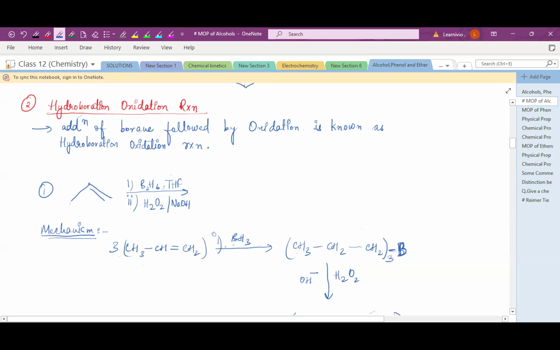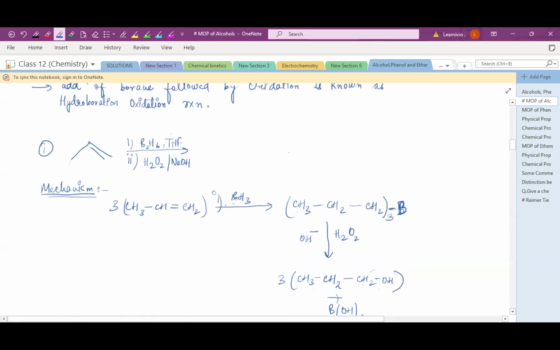The addition of borane followed by oxidation is known as hydroboration oxidation. So the addition of borane to the alkene, followed by the oxidation, is known as hydroboration oxidation reaction. Okay, see the reaction. Suppose we just take the unsymmetrical type of alkene.